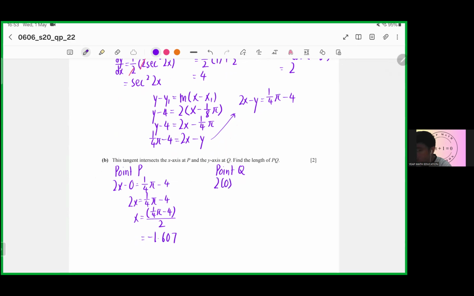Because this question says in the y-axis, it means you need to find the y-intercept. Minus y equals 1 over 4 pi minus 4. So y equals, just reverse, 4 minus 1 over 4 pi.